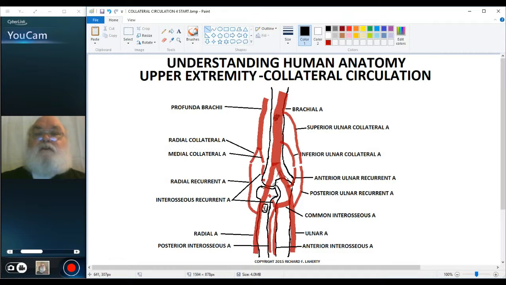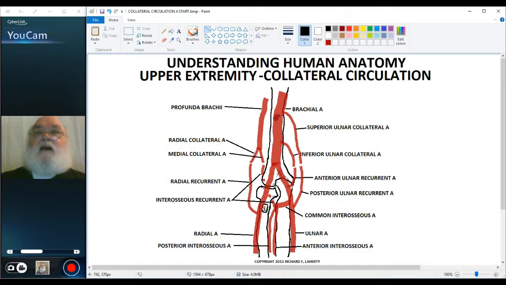And should the brachial artery become blocked, all of these would open up. Again, wouldn't be enough blood to keep the muscles working at their maximum capacity, but it will let the tissue live, and these small vessels will then dilate to become large vessels and carry more blood.